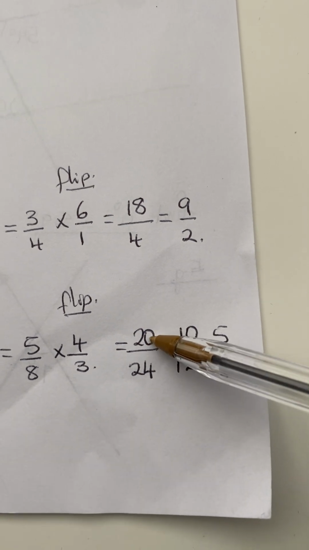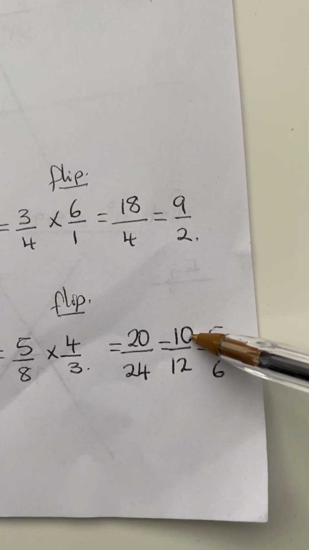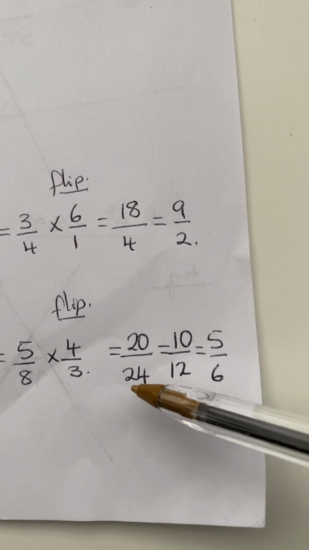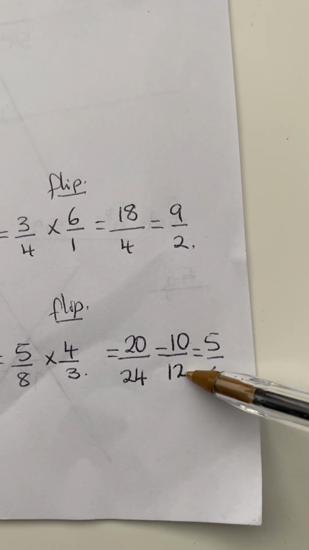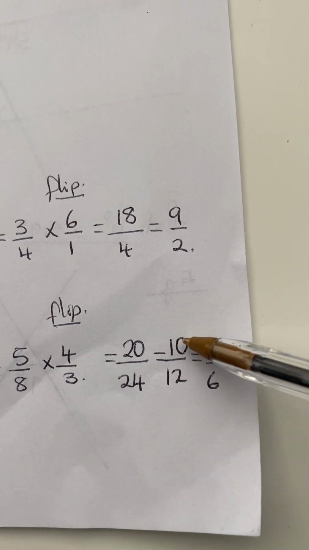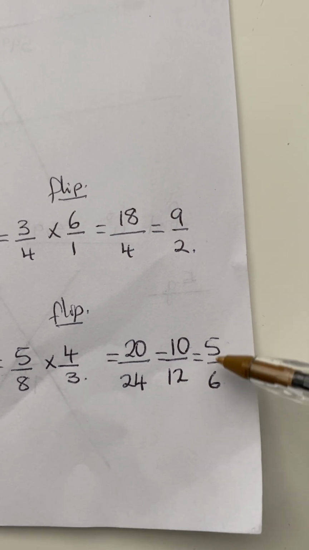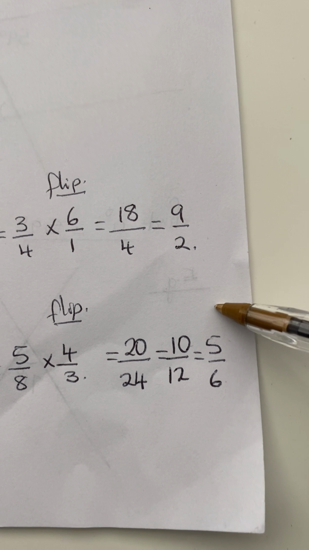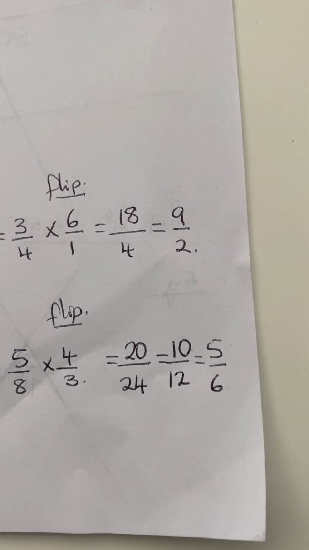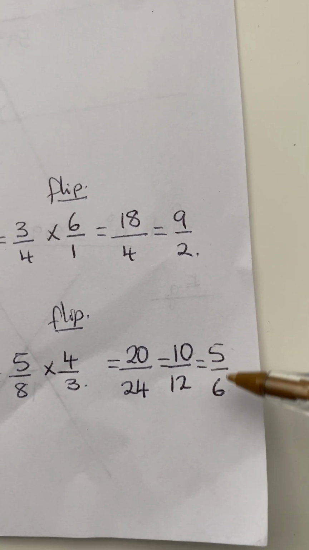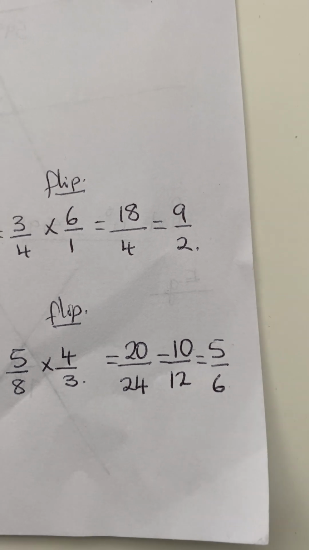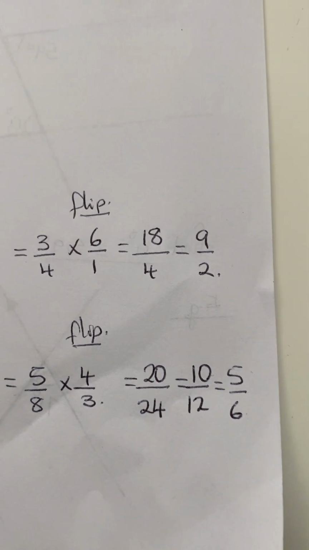Half of 20 is 10. Half of 24 is 12. Half of 10 is 5. Half of 12 is 6. So our answer will be 5/6. Again, if they haven't said anything, I'll leave my answer as a fraction.